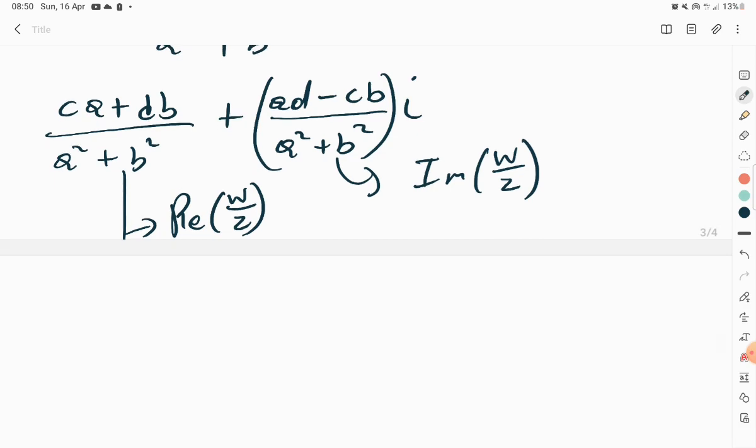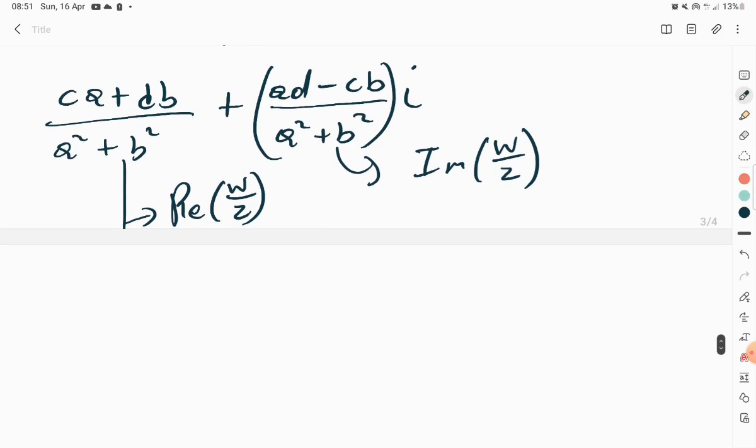Now you can see how useful the conjugate is, especially when you are dealing with fractions, that it takes you to a very simple step. Now let's just play with these complex numbers so that you can get a little bit of understanding of the terminology and the notations that are being used.